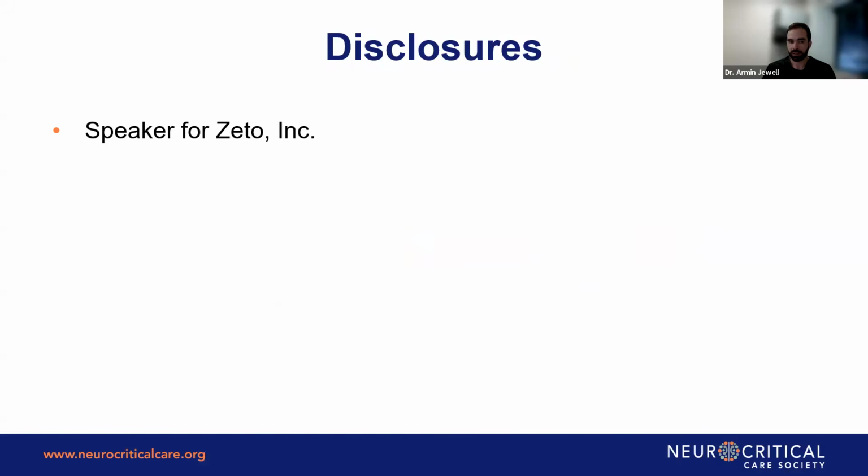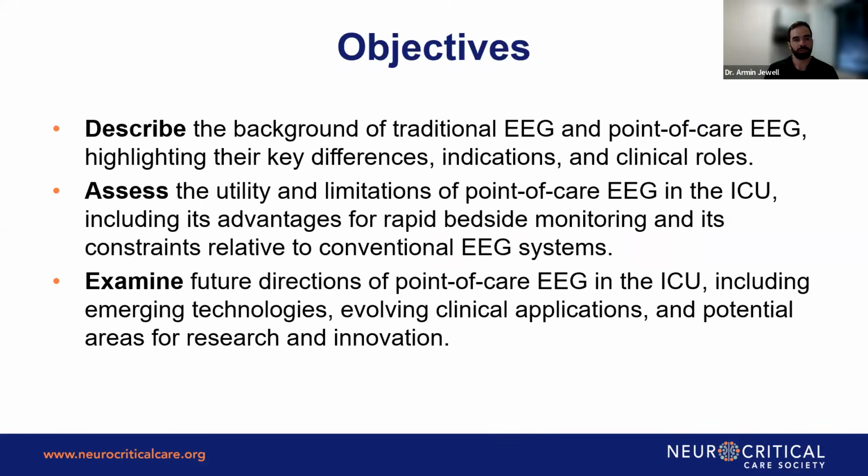So we can go ahead and get started. Objectives for today's talk: we're going to describe some background of traditional EEG, just briefly, as well as what point-of-care EEG is and the differences, some reasons for each, and the roles of each.